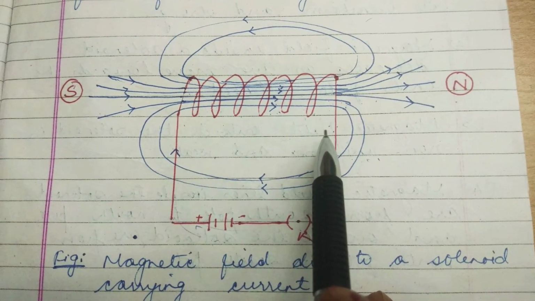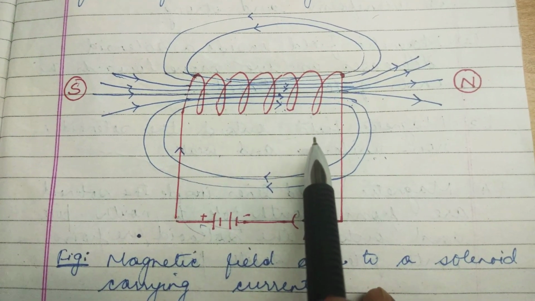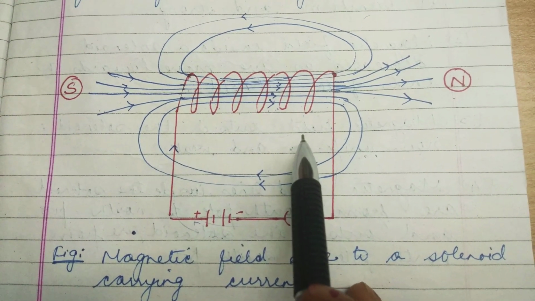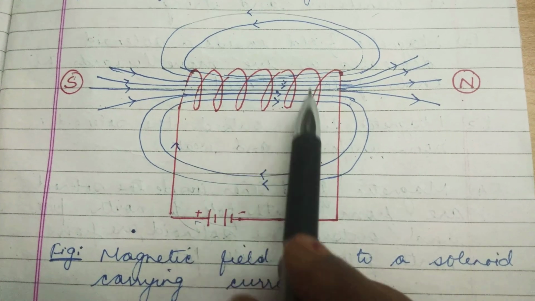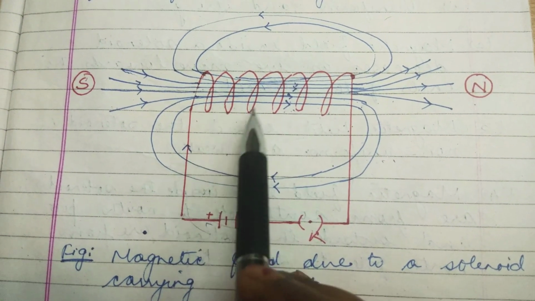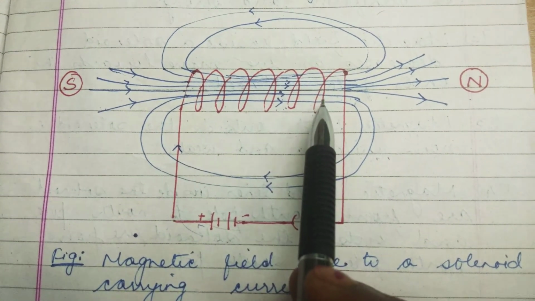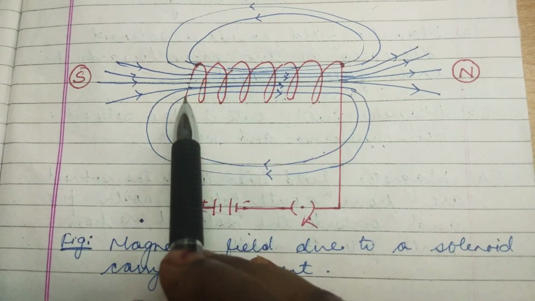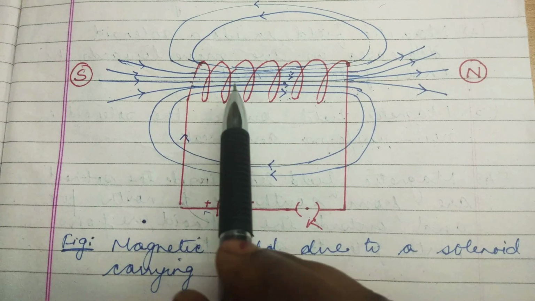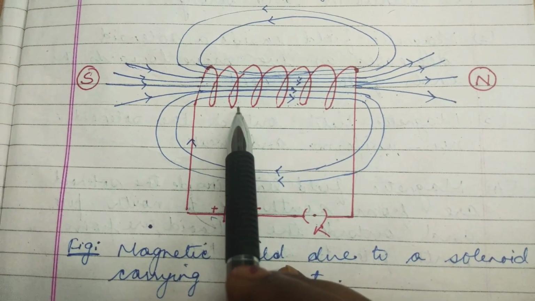More the current, more is the strength of the magnetic field. Secondly, it depends on the number of turns per unit length. More the number of turns, more is the strength of the magnetic field, because I have already told you that each turn produces its own magnetic field.